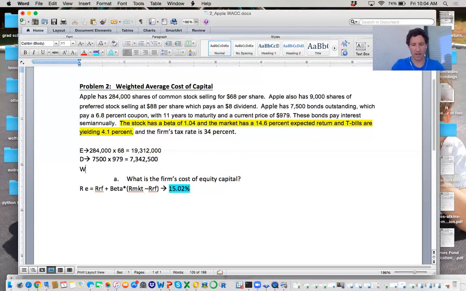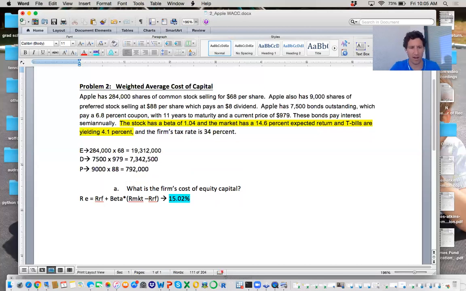Weight of preferred stock. Okay, we're given 9,000 shares, selling at 88 a share. $792,000. Okay, so now add all of these up.